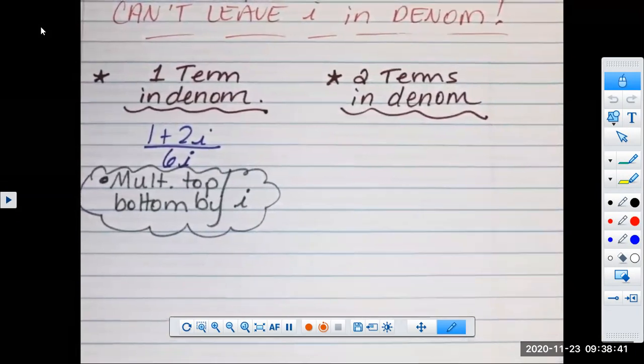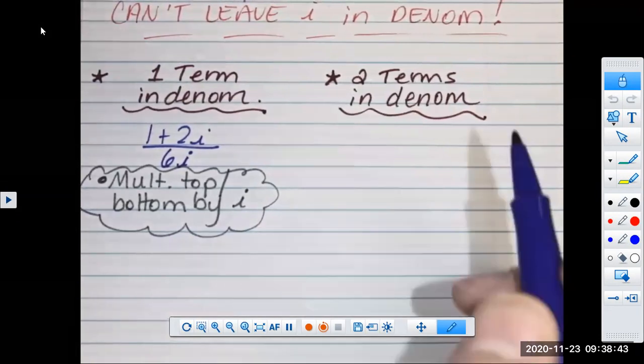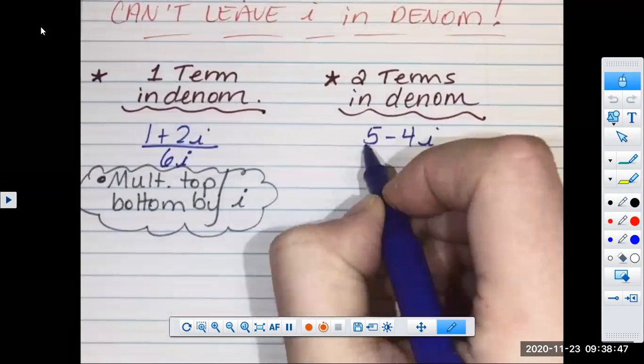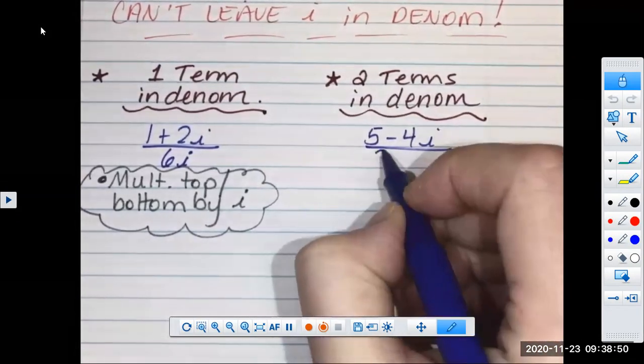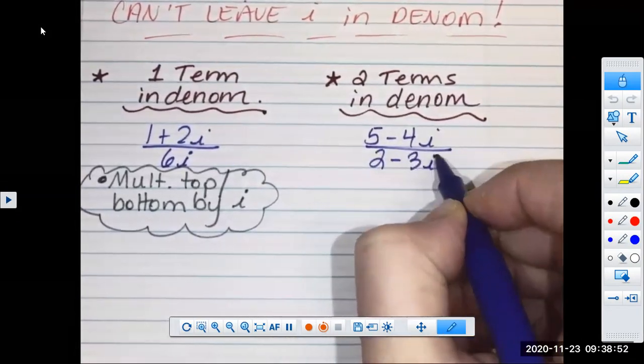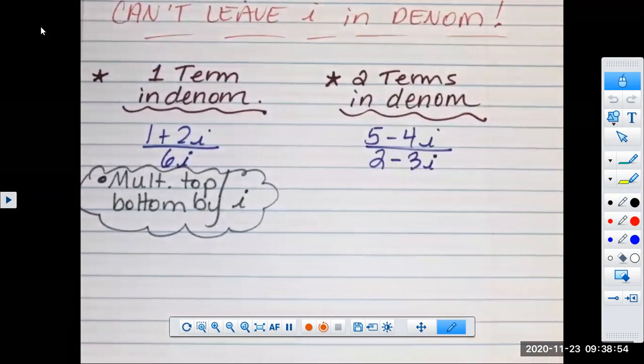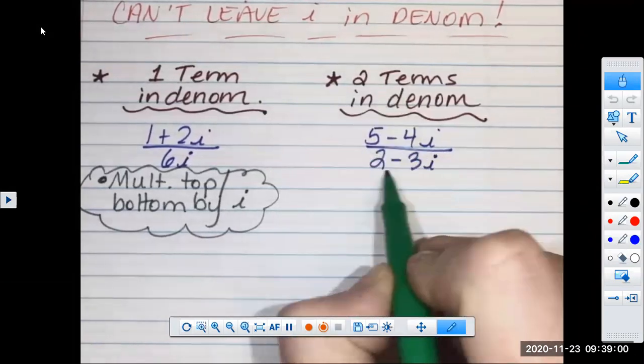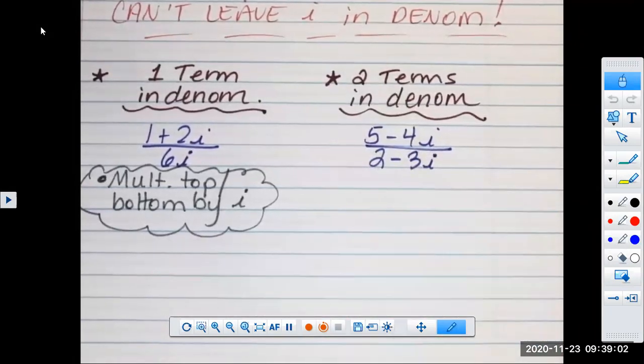For the second part, let's say you have something like this. Once again, I'm only looking at the denominator of my problem to see what process I need to follow in order to get i out of the denominator. So I would have 2 terms in the denominator, 1 and 2.